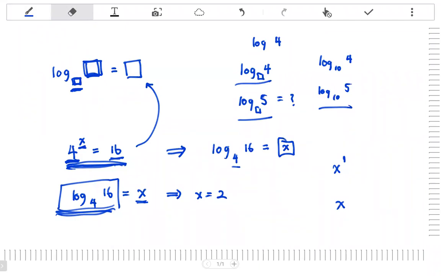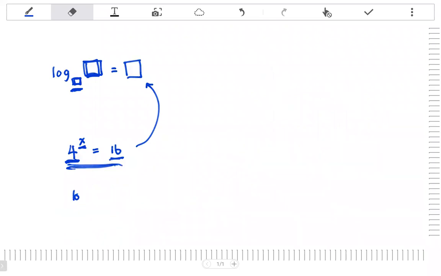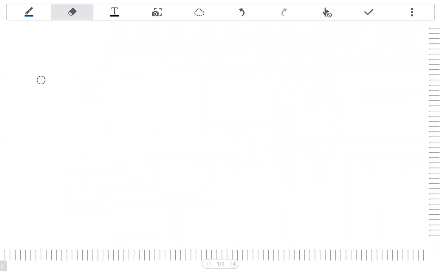How do you actually solve logarithms? Well, the good news is that you'll probably solve logarithms using a calculator. So if you guys have a calculator, do you guys have a scientific calculator? Yes. Okay.